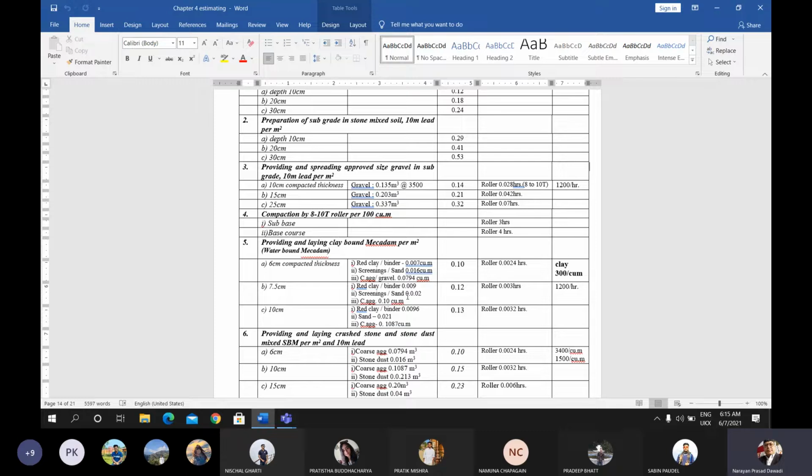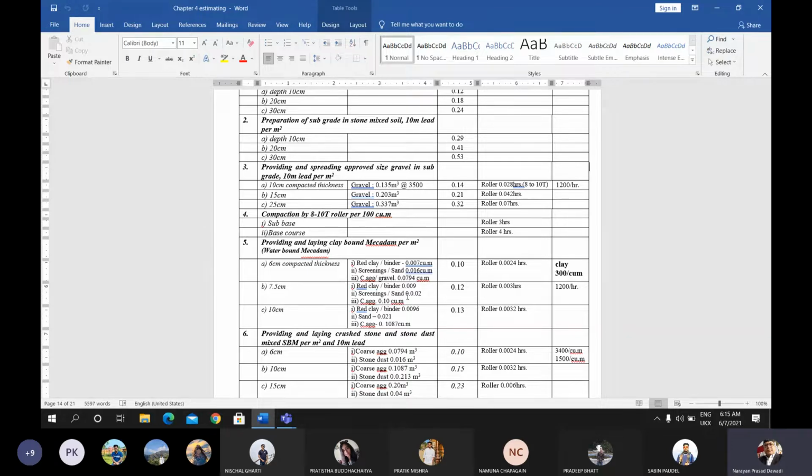So there are three rate analyses for the separate compacted thicknesses. Okay. Now for the 6 centimeter compacted thickness, we need the material as coarse aggregate, the screening material as sand, and we need the binding material as red clay.